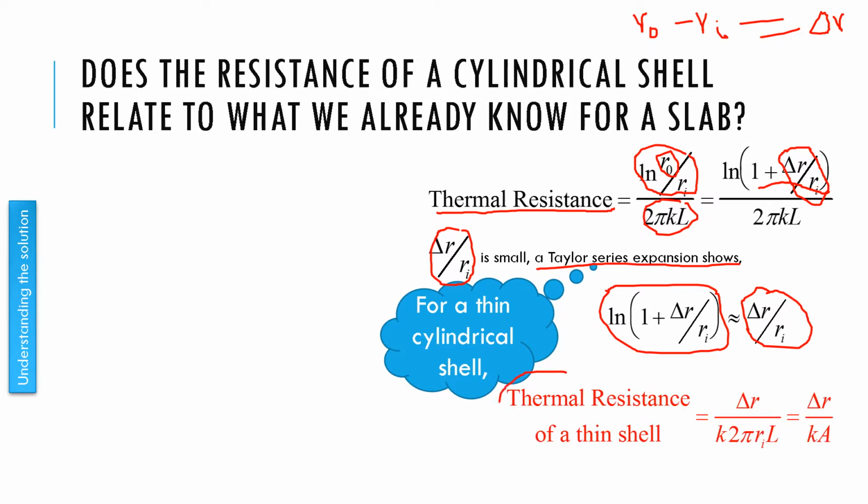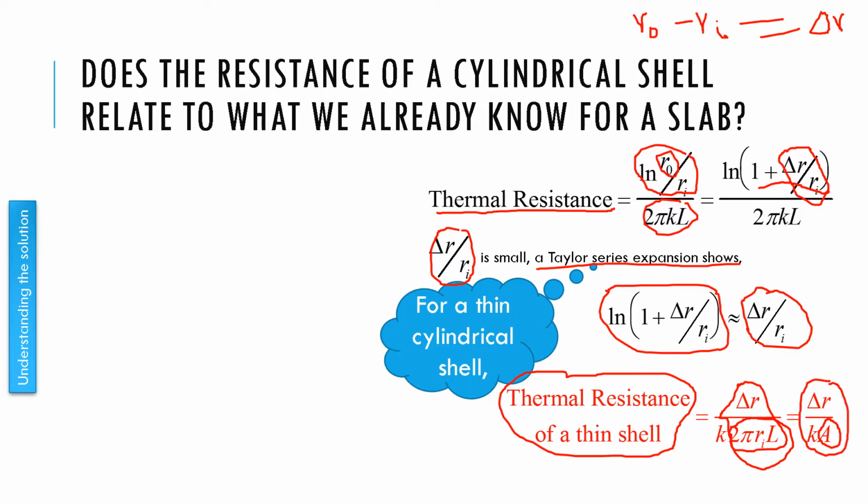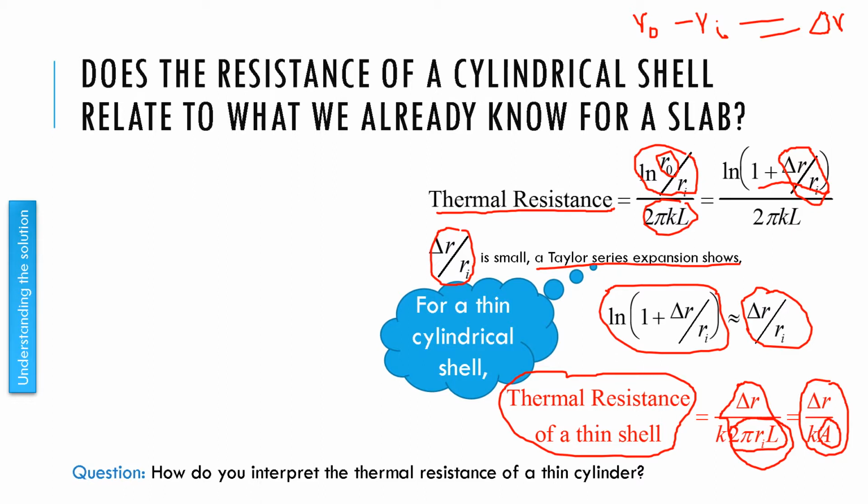So that makes the thermal resistance of a thin shell equal to delta R over k times 2 pi R L. Now you see this 2 pi R L is equal to the surface area of this thin shell, which is A. So thermal resistance is delta R over kA. How do you think you're going to interpret the thermal resistance of a thin cylinder? I leave this to you to think about.